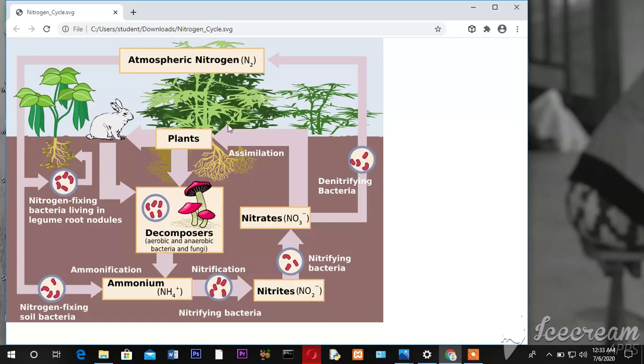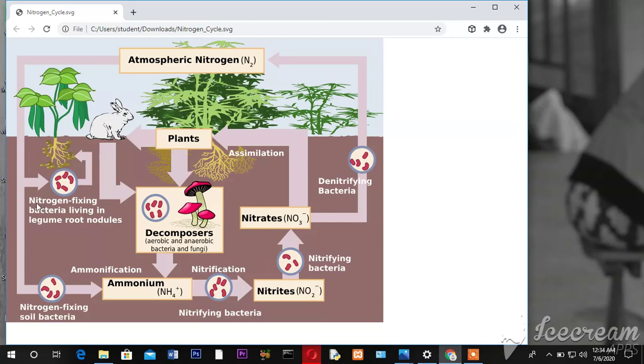In the first place, the atmosphere contains a lot of nitrogen, which is atmospheric nitrogen. This atmospheric nitrogen is picked up by the plants through the nitrogen fixing bacteria that live in the legume root nodules.